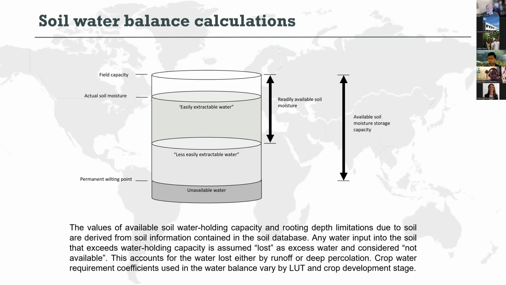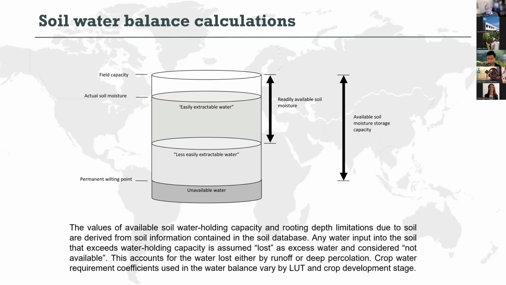And with this information, we run a daily soil-water balance calculation, which distinguishes between field capacity, actual soil moisture conditions, and a level that is the permanent wilting point, and that subdivides the water in the soil into an easily extractable part, a less easily extractable part where already some deficit occurs, and the part that is unavailable.